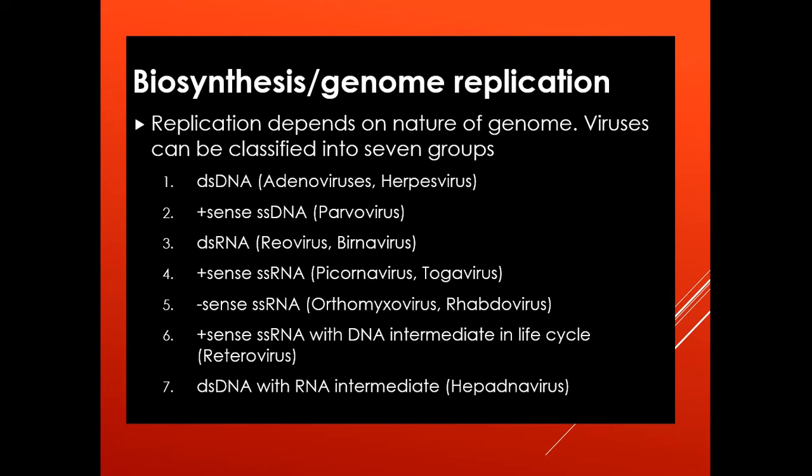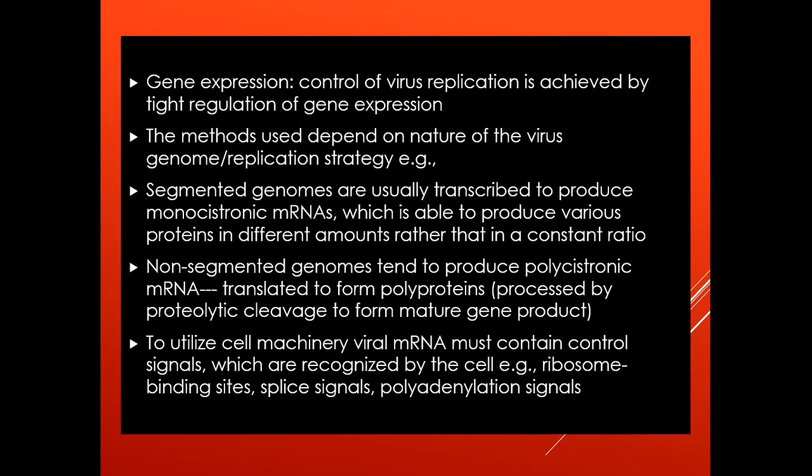Double-stranded DNA with RNA intermediate means having double-stranded DNA, but it is transcribed into RNA, and after that it is translated. An example is hepadnaviruses.